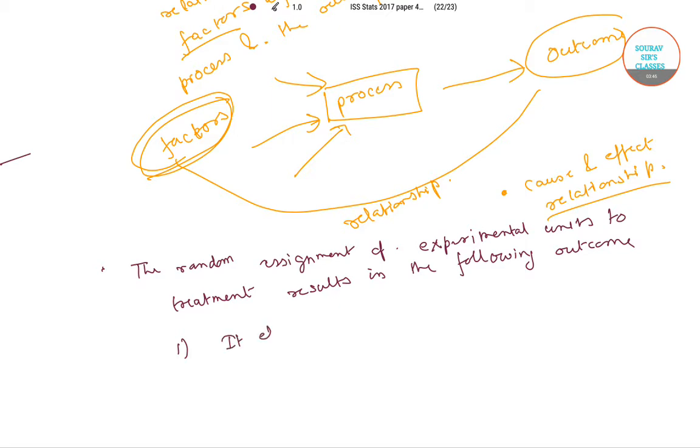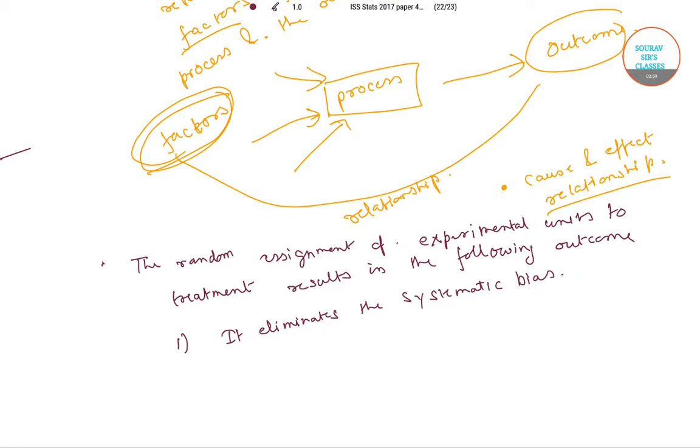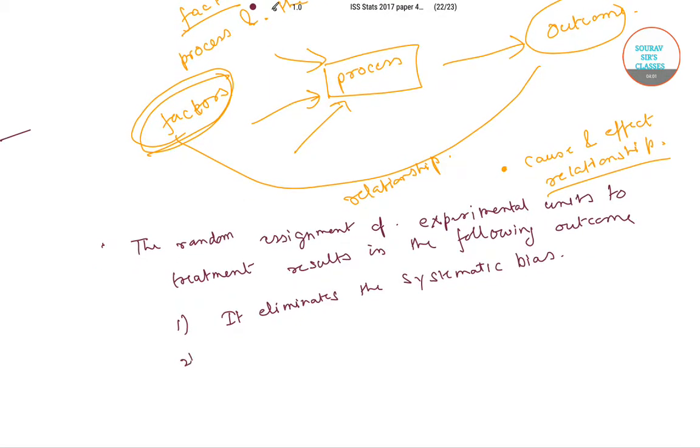So it eliminates the systematic bias. Next, it is needed to obtain a representative sample from the population.